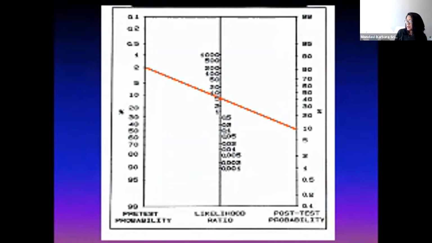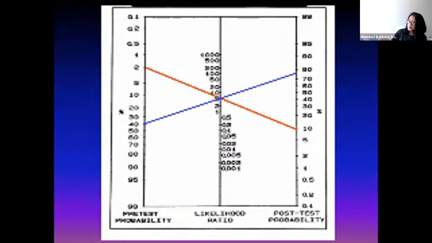If the likelihood ratio is 5, and let's say it's a 22-year-old woman coming in with chest pain and no cardiac risk factors, even if she has a positive test, the post-test likelihood that she has coronary disease is only 10%. So it doesn't really change it that much.